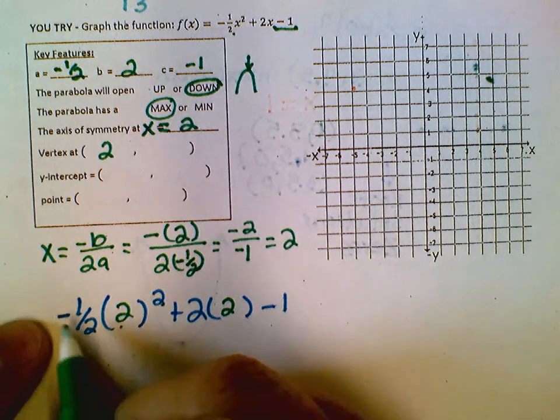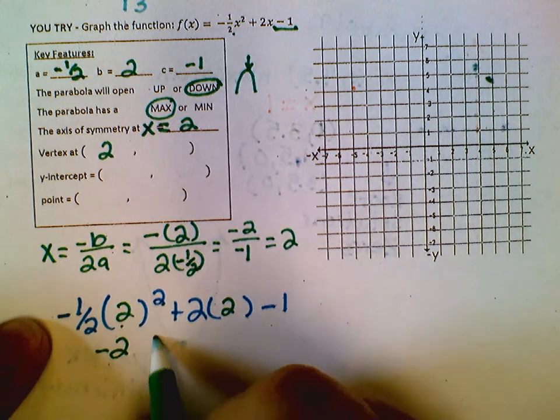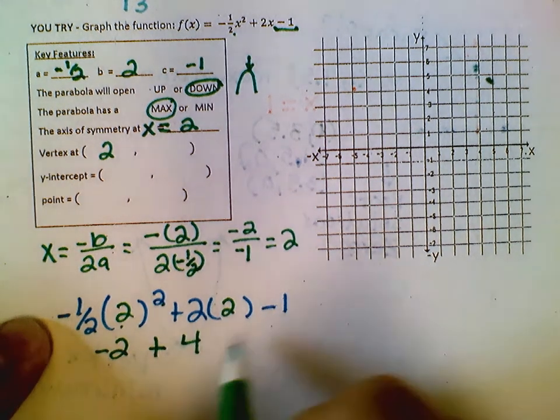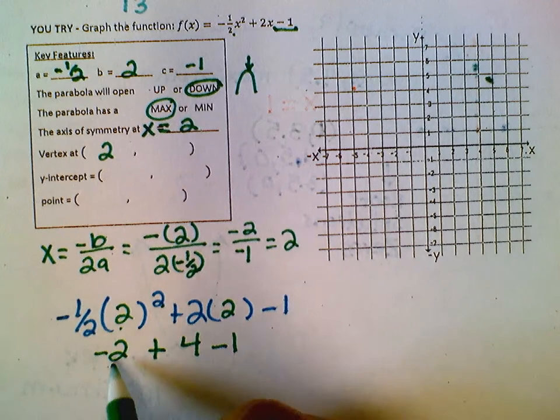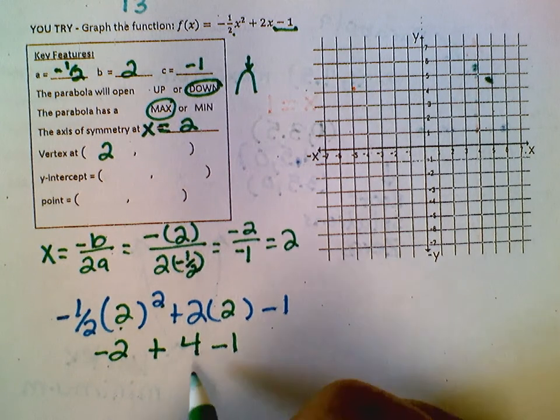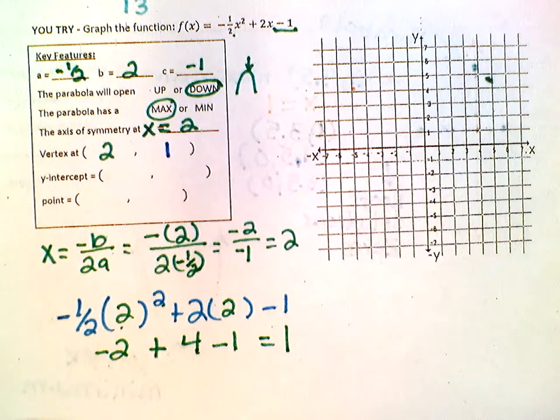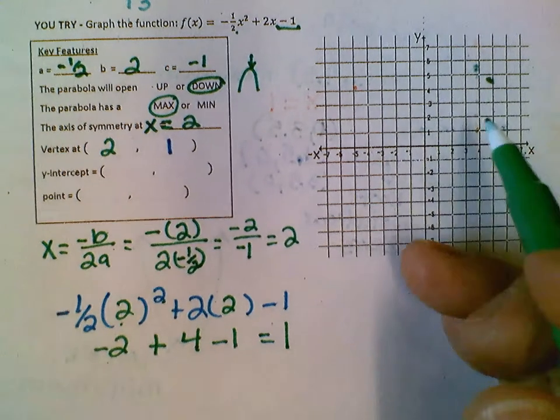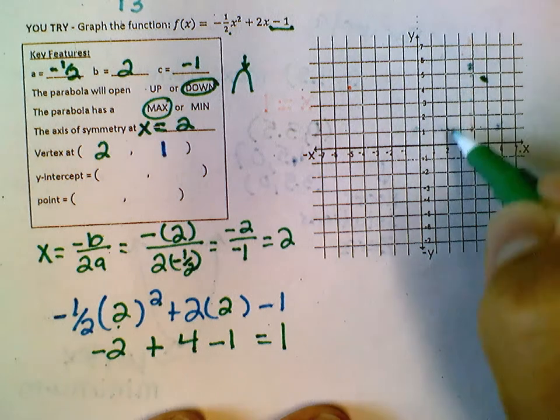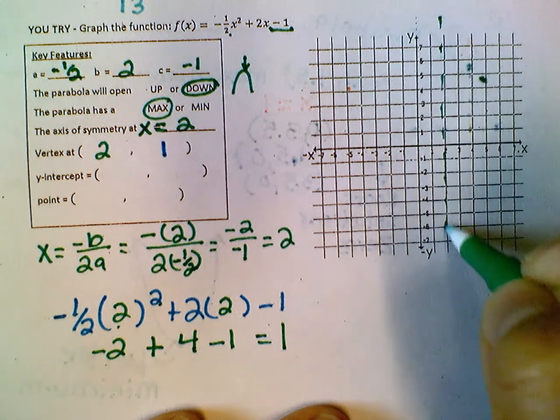Half of 4 is 2, and that's a negative. Plus 2 times 2 is 4. Subtract 1. So negative 2 plus 4 is 2. Minus 1 is 1, which means that my vertex y-value is 1. So we have our axis of symmetry at x equals 2.